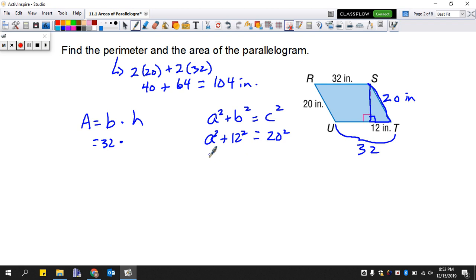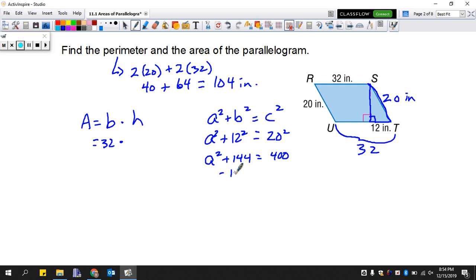That gives a squared plus 144 is equal to 400, because 12 times 12 is 144 and 20 times 20 is 400.